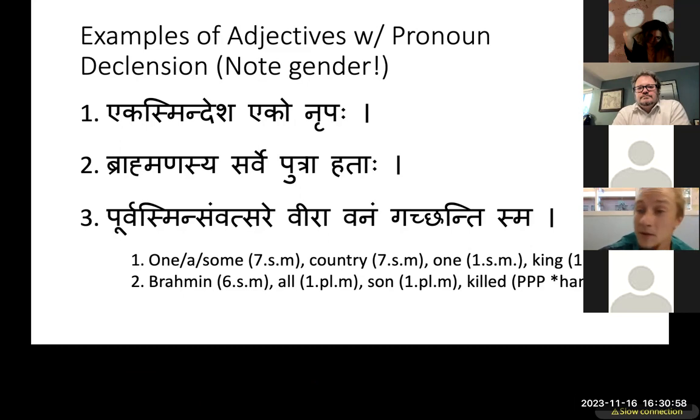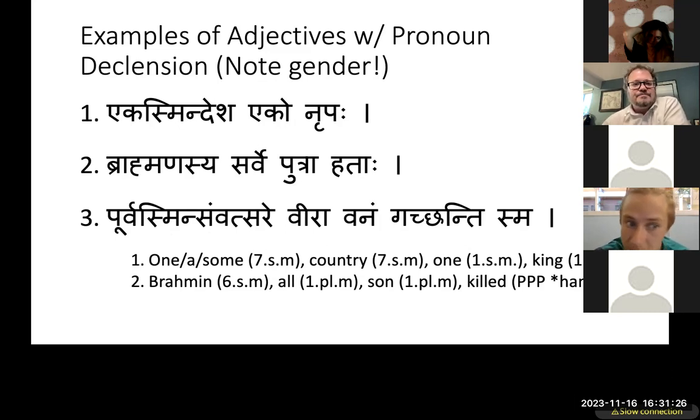This word is purvasmin, and this is another one of those adjectives. It's declined like tasmin, which is the locative. So it's modifying this locative of a year.